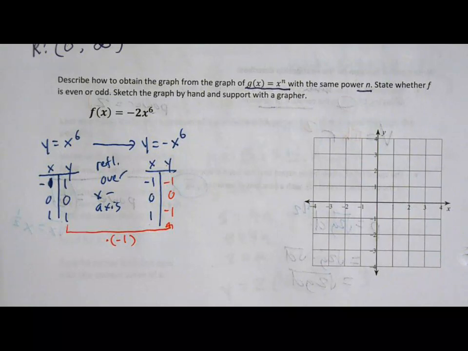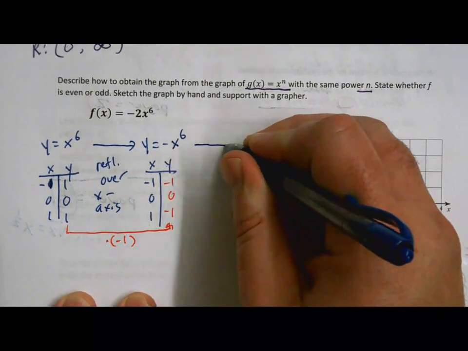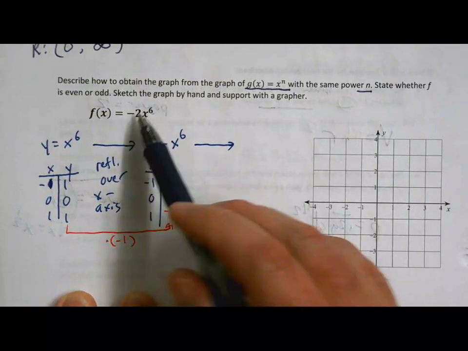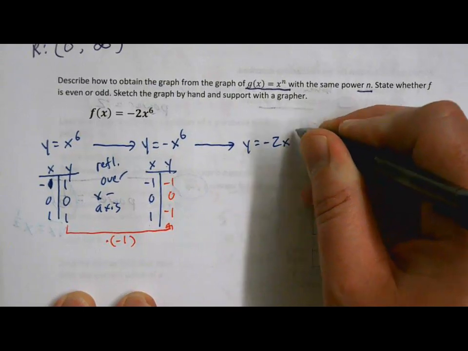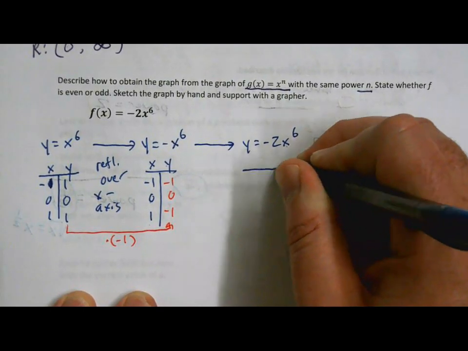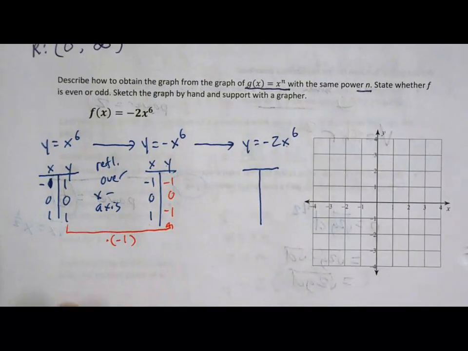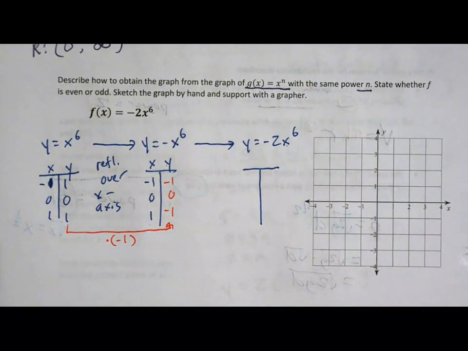And one more transformation here. We need to get that 2 in there. So multiplying the entire function by 2. Describe that for me in words. Horizontal or vertical if we're multiplying the whole function?